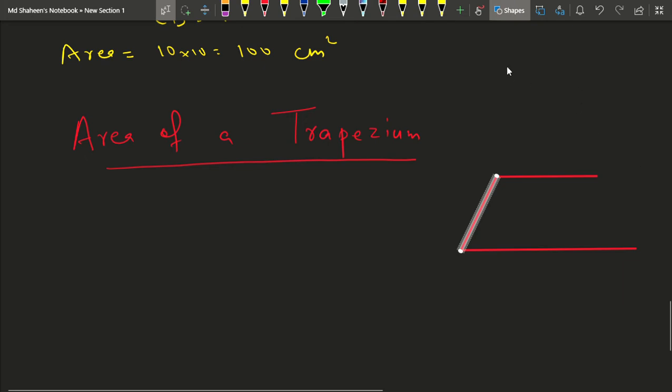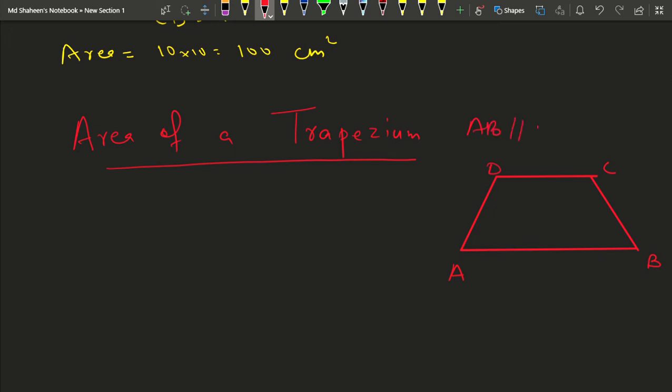So let's say this is trapezium ABCD. Line AB is parallel to line CD, or DC, whatever you like to call it.